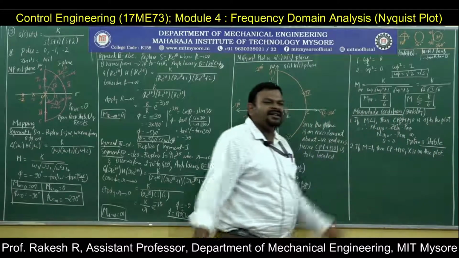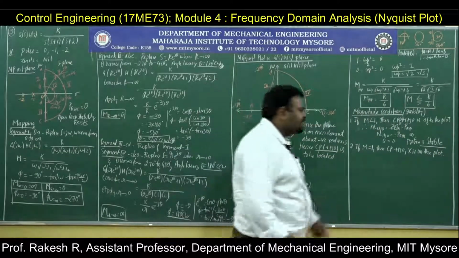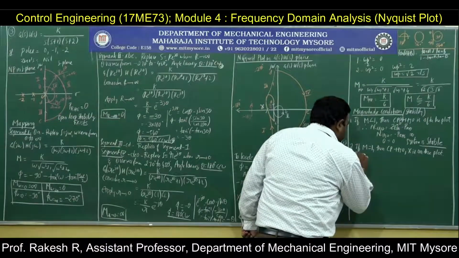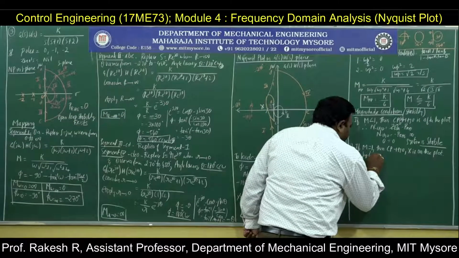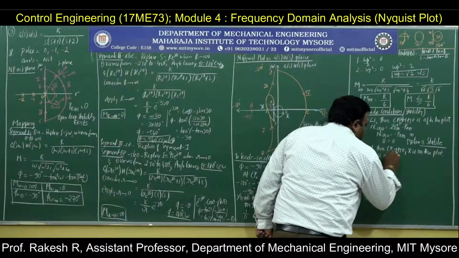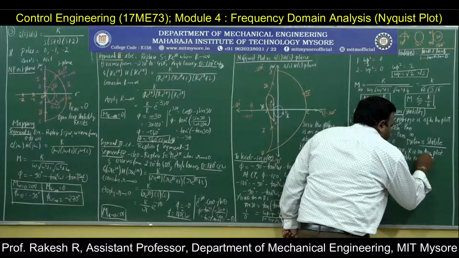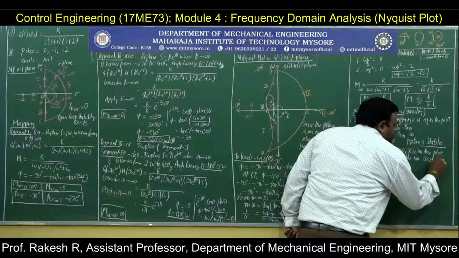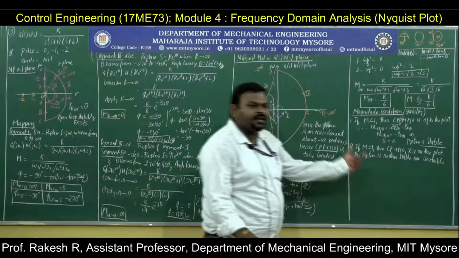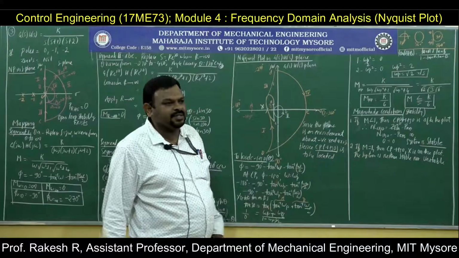If it is on the plot, directly you can write the system is neither stable nor unstable. Directly you can write, no need to calculate N minus 1 plus j0.